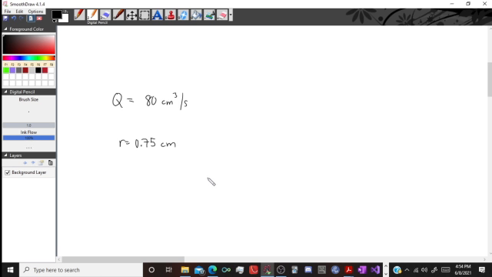Okay, so this is not too bad. We're assuming that the aorta is cylindrical. In that case, we can use pi r squared for the circular cross section. We said that Q is equal to Av, but we want to find the average speed, so we can rewrite this as v equals Q over A, which is Q over pi r squared.